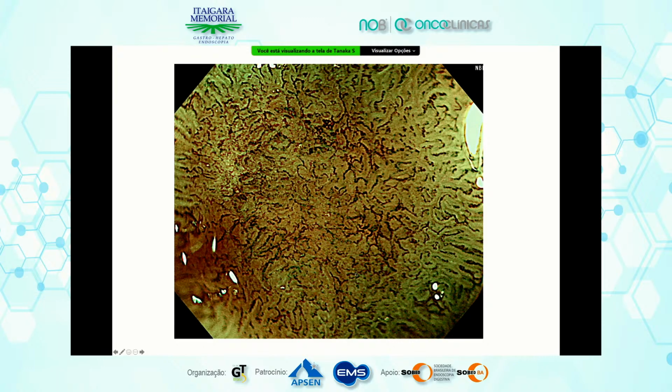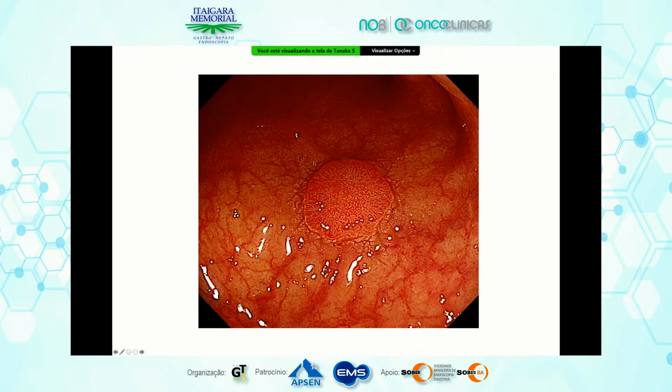So we diagnose this region as deep invasive carcinoma. To tell the truth, we noticed mucosal ridging of this region prior to NBI magnification.